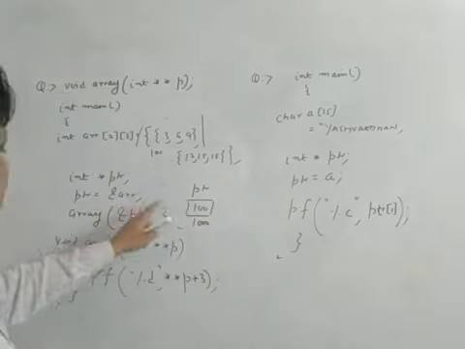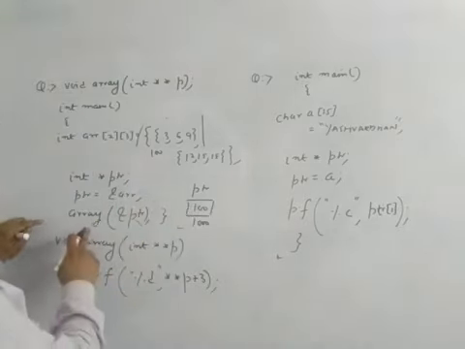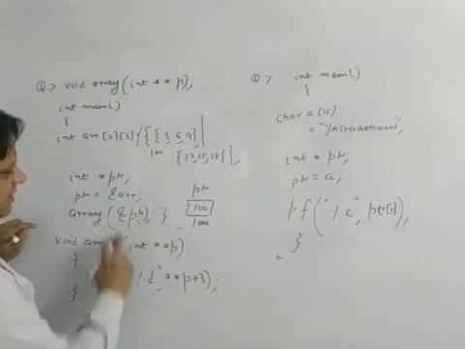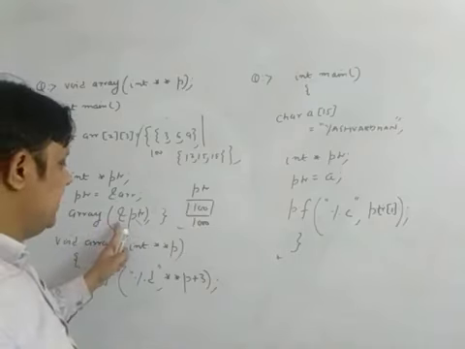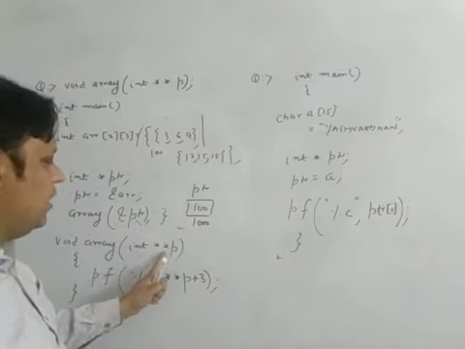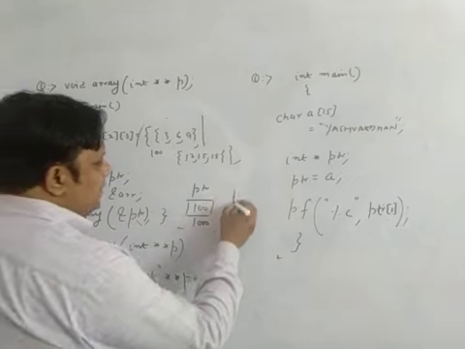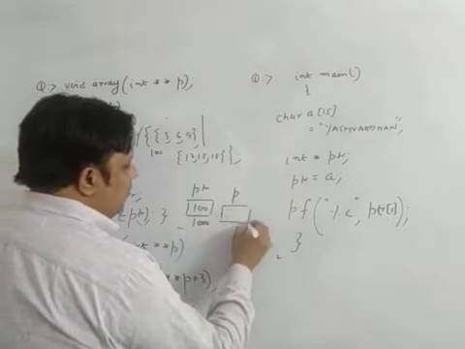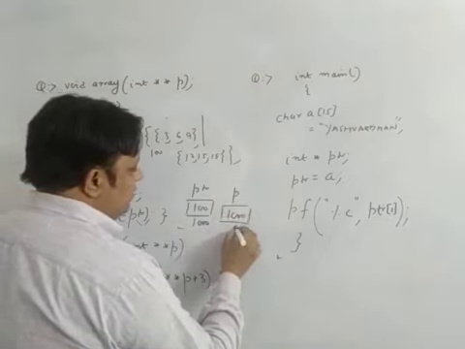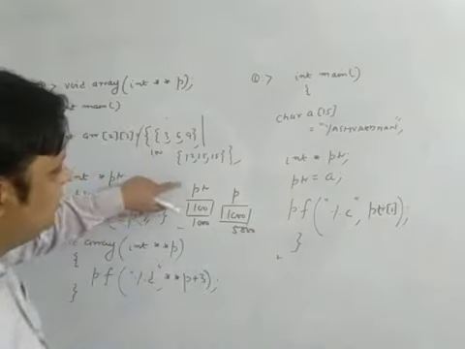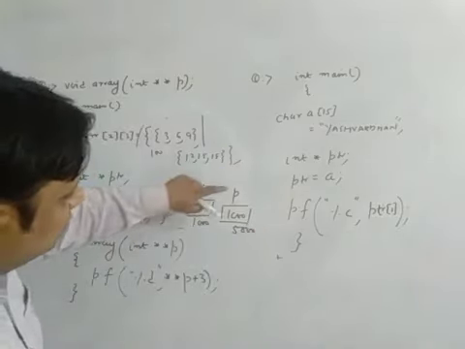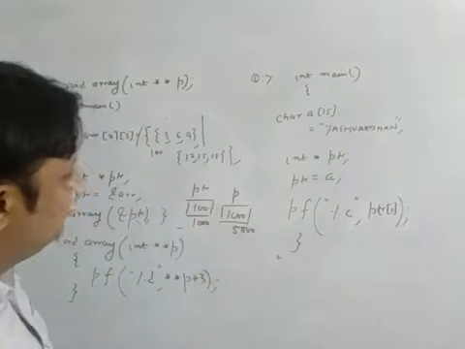So in this function, what I am passing is the address of ptr. Since I am passing the address of a pointer, I require a pointer to a pointer. Therefore my p is pointing at 1000, and let's suppose the address of p is 5000. So ptr is 100, address of ptr is 1000, p is 1000, address of p is 5000.